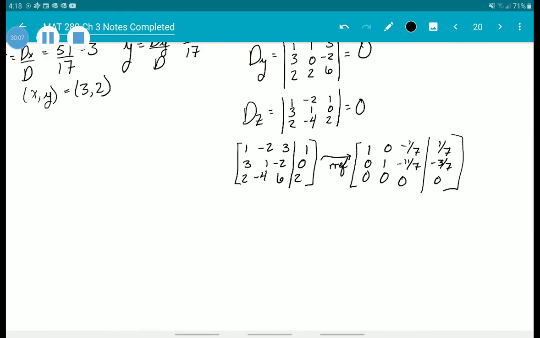So what this is saying is that x1 would be equal to 1/7 x3 plus 1/7. So I went ahead and added this term to the other side. x2 would be equal to 11/7 x3 minus 3/7. And then x3, I'm going to let be the free variable.